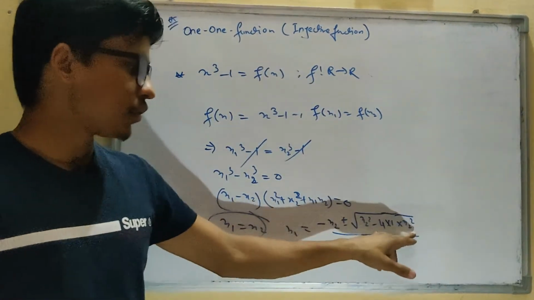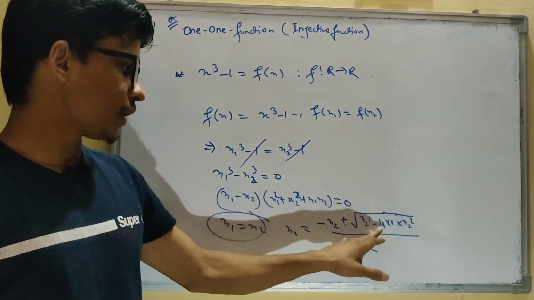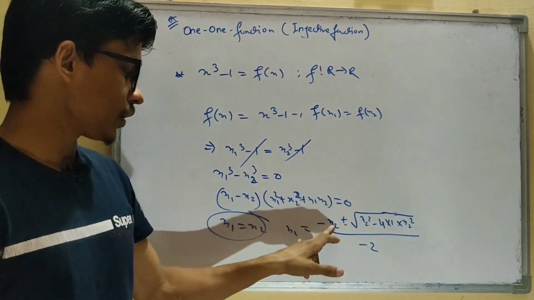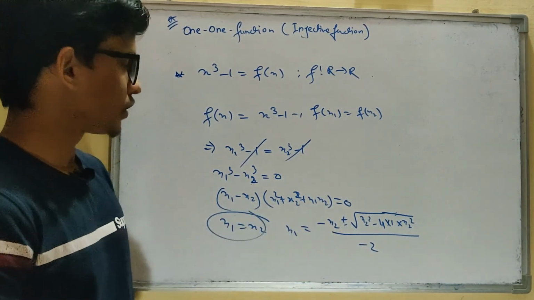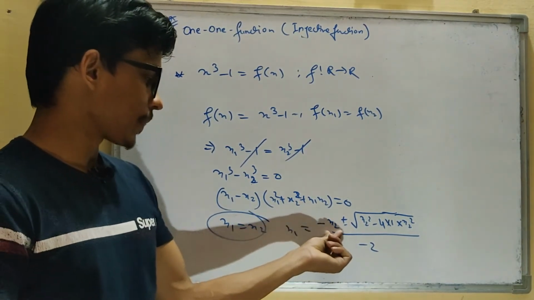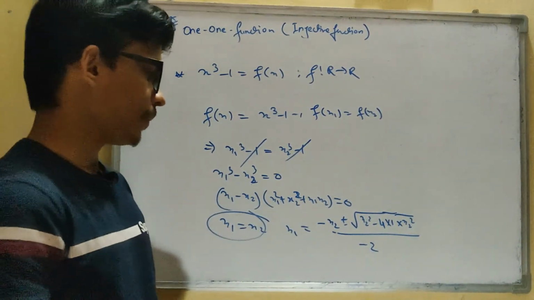So let's see. If you put x2 equals 0, it is going to be 0 minus 0, so the square root of 0, which is 0.